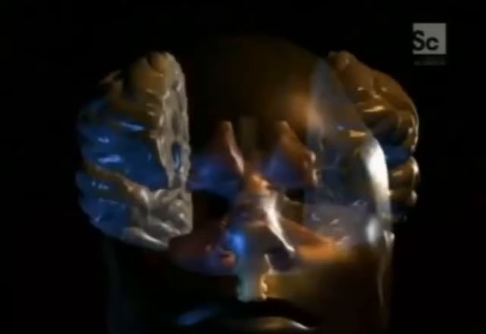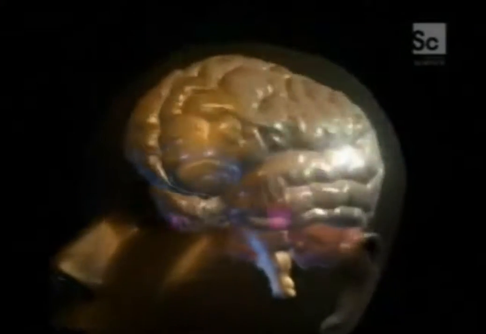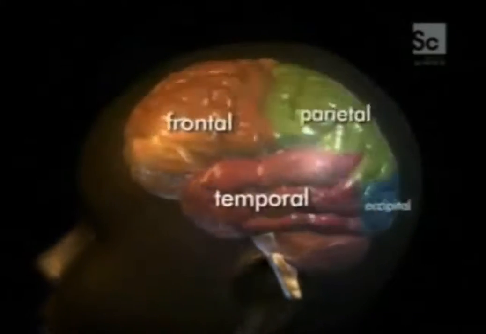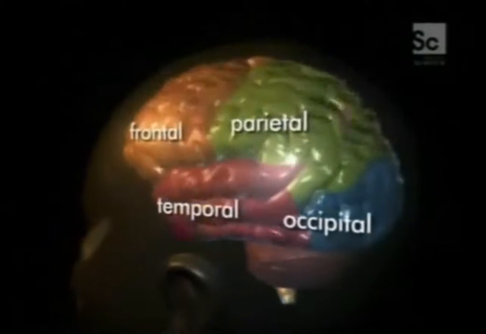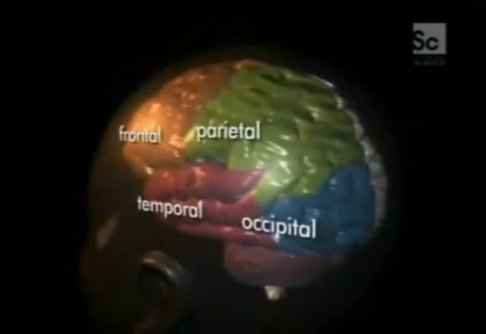To the point where we can take half of it out and still function in a normal way. 85% of our brain consists of the cerebral cortex, which is divided into 2 hemispheres, each with 4 main lobes. The cortex handles many of our higher functions. Areas on both sides control thinking, movement, and sensation.